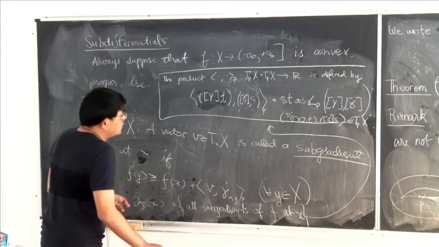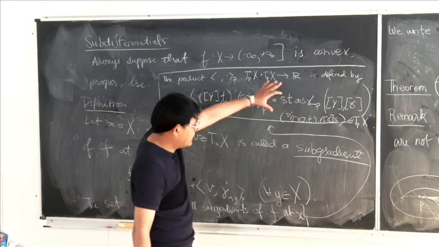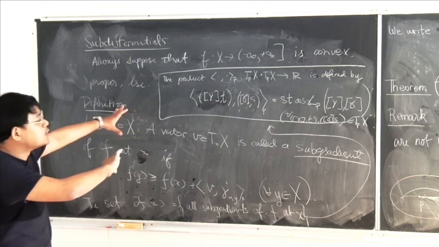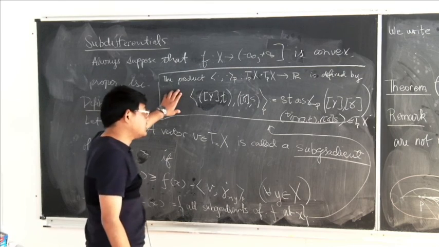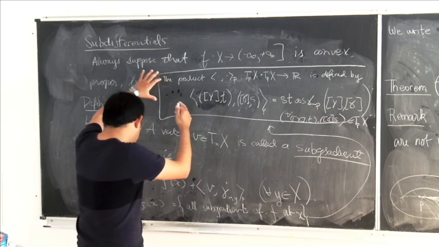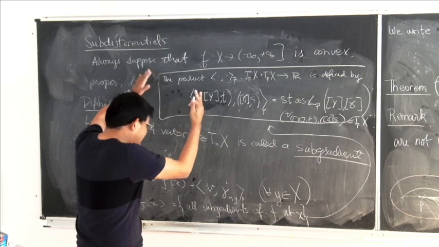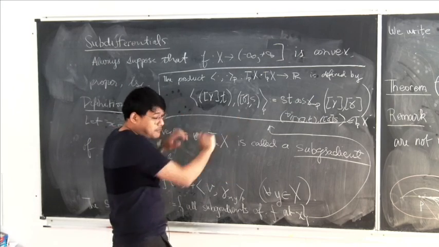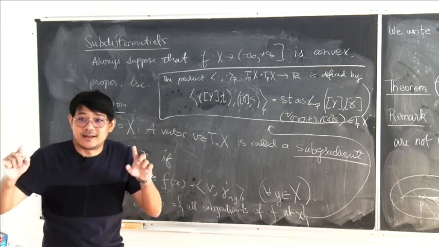Okay, so it's defined like this, and if you reduce X to a Hilbert space, this is the usual inner product. And if capital X is a manifold, then this is the Riemannian metric. The Riemannian metric is an inner product.